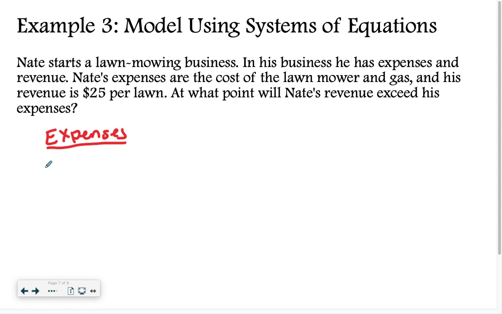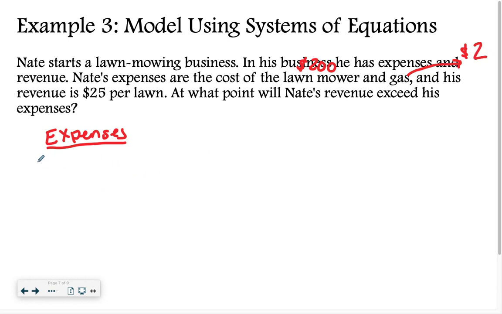We need to use the information from the picture that I realized I forgot to put on this slide. So I'm going to tell you the lawnmower is $200. And the gas is $2 per lawn. Okay, so the gas is $2 per lawn.